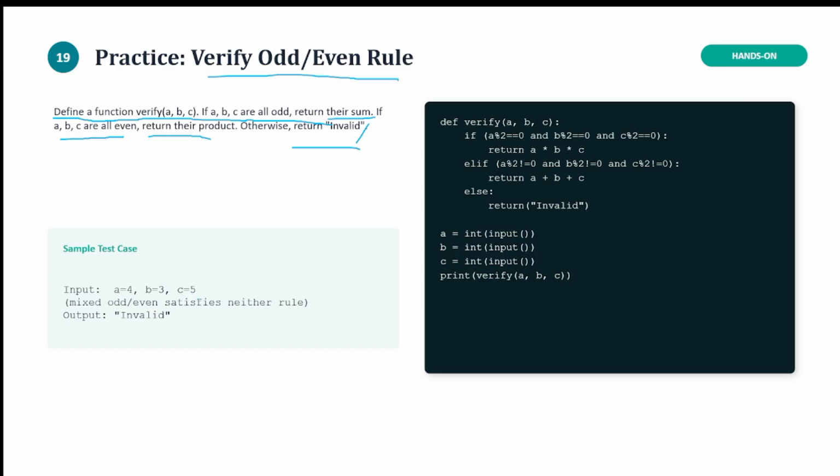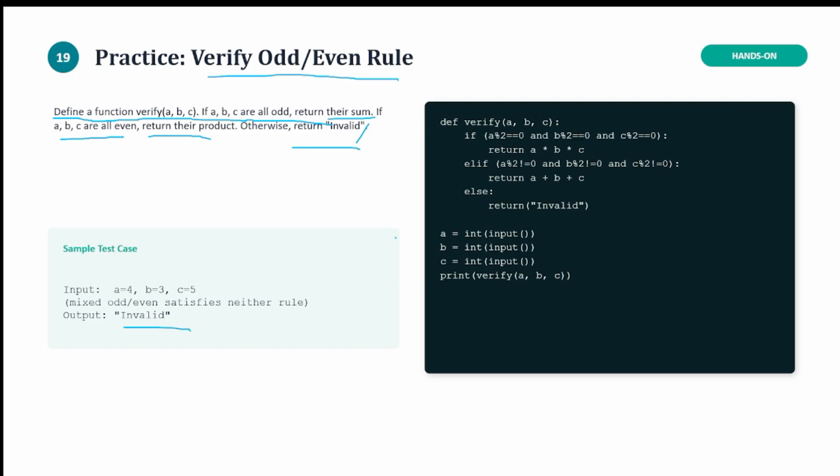So a is even and b and c are odd. It means it gives you a mixture of odd and even. So what was the output as per the question? The output will be invalid. That's why you can see that invalid was printed.